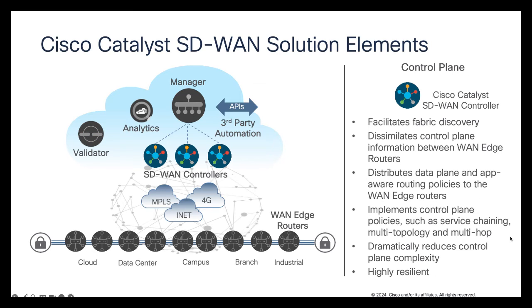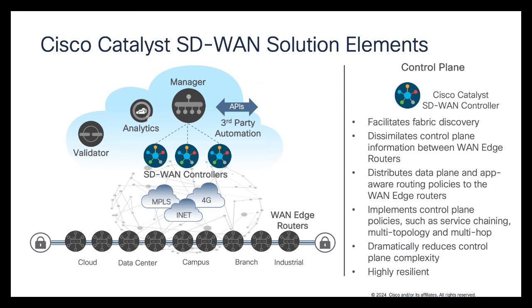The Cisco controllers handle the control plane functions of the SD-WAN fabric. The controllers facilitate fabric discovery by running the overlay management protocol between themselves and the WAN edge routers. Together with the WAN edge routers, controllers act as the distribution system for information pertinent to the data plane connectivity between the WAN edge routers.